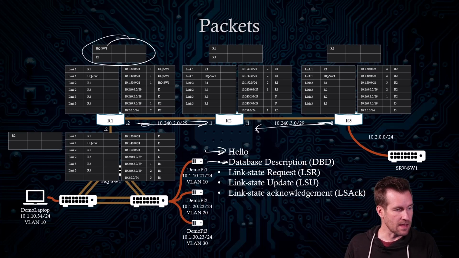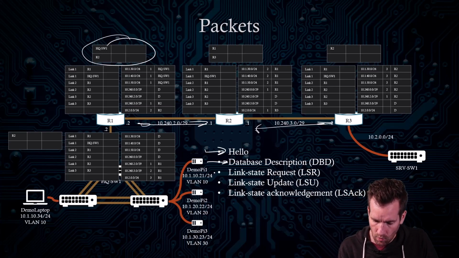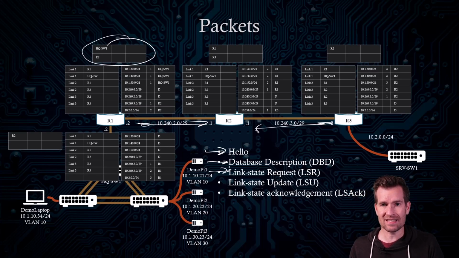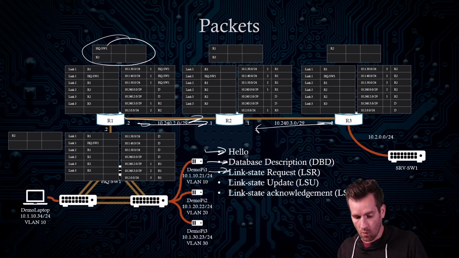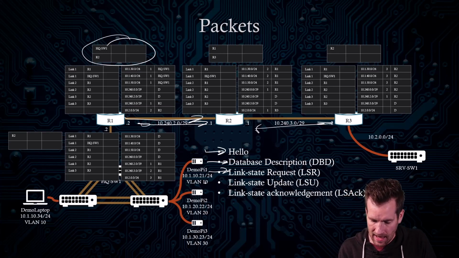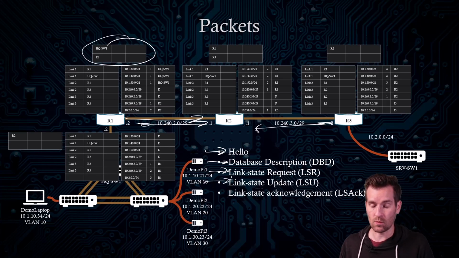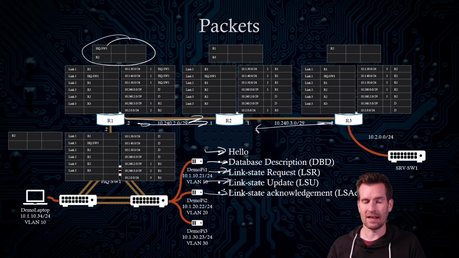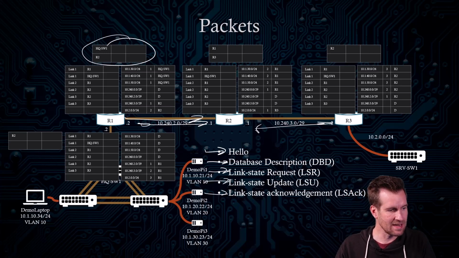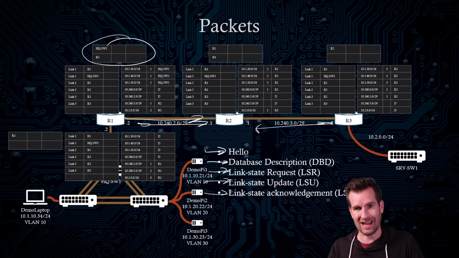Then we have a link state request. This is where if one router needs to get an update, it can send a link state request, and the link state update is a reply to that. And then we have the link state acknowledgement, an acknowledgement that yes, I have received your link state update.